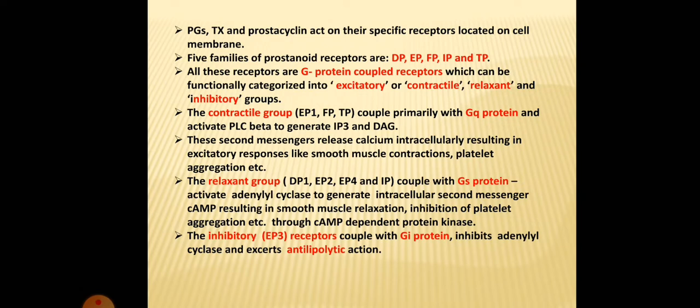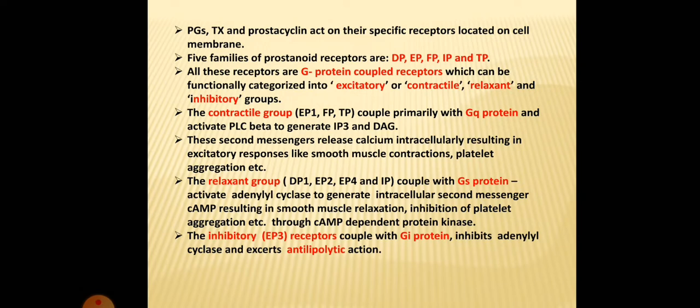Prostaglandins, thromboxanes and prostacyclins act on their specific receptors located on the cell membrane. Five families of prostaglandin receptors are present: DP, EP, FP, IP, and TP receptors.